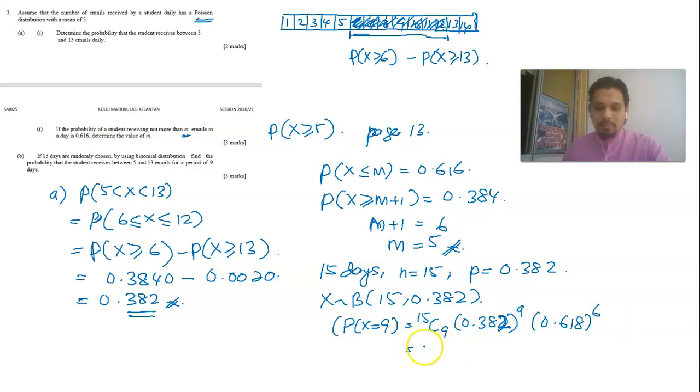So the answer here is 0.0483. Okay, so received between 5 and 13, just like the previous question. Now we only change the record. The period is for 9 days, and the number of trials is 15 days here using the binomial.